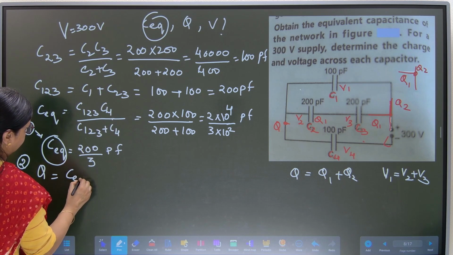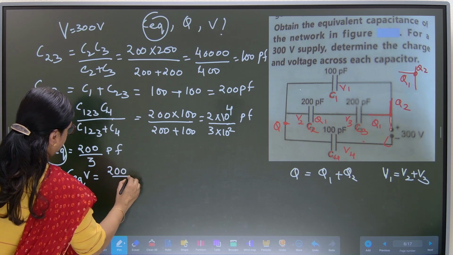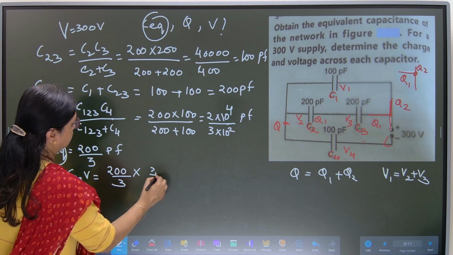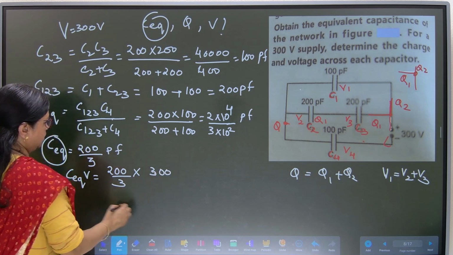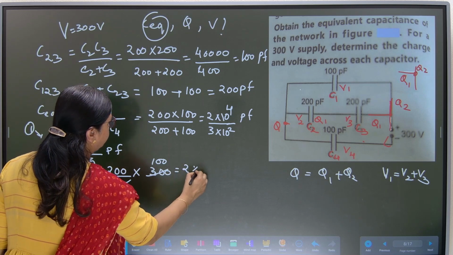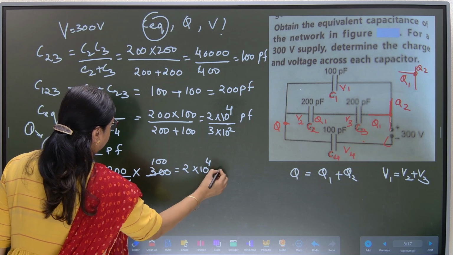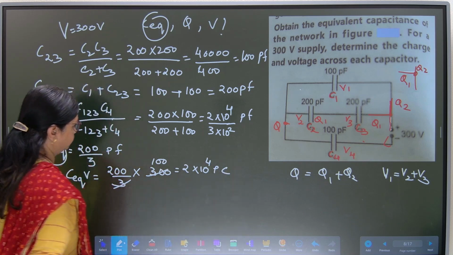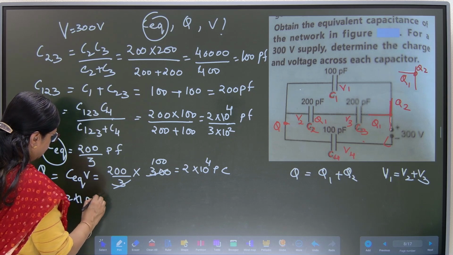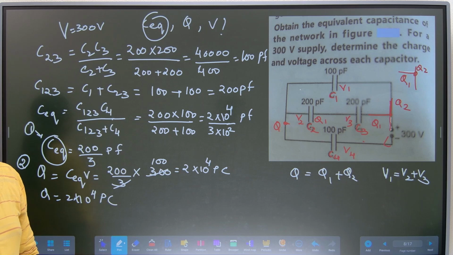Q is equal to C equivalent V. What is C equivalent? 200 upon 3. V is 300. So 100. So our answer is 2 into 10 raised to 4 picocoulomb. Q is equal to 2 into 10 raised to 4 picocoulomb. That is our total charge.